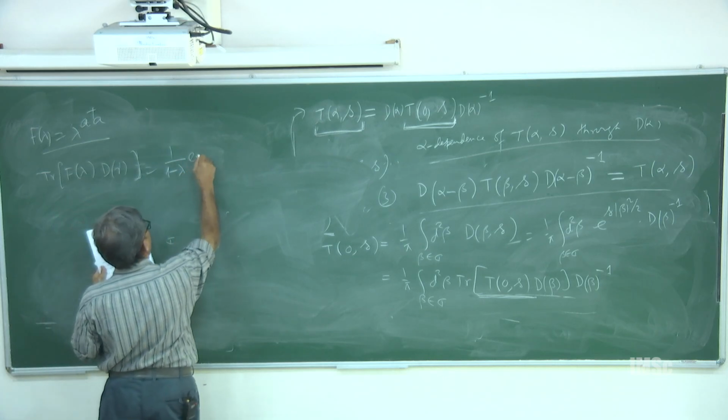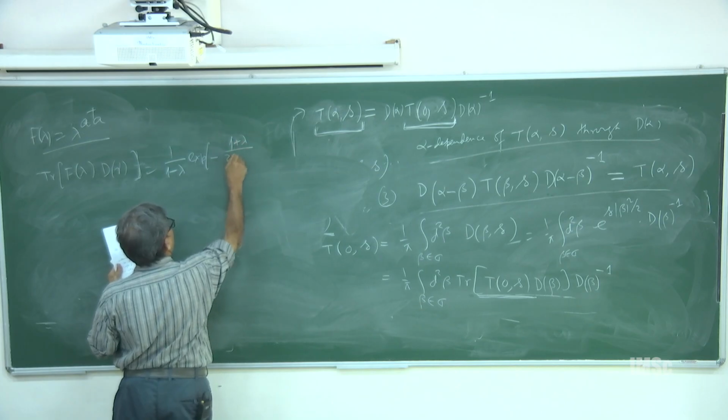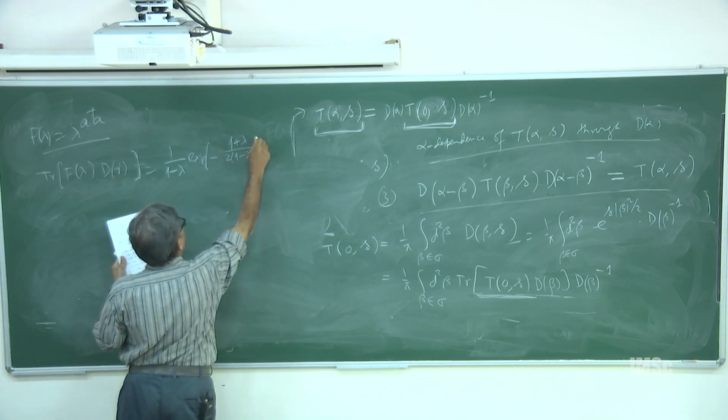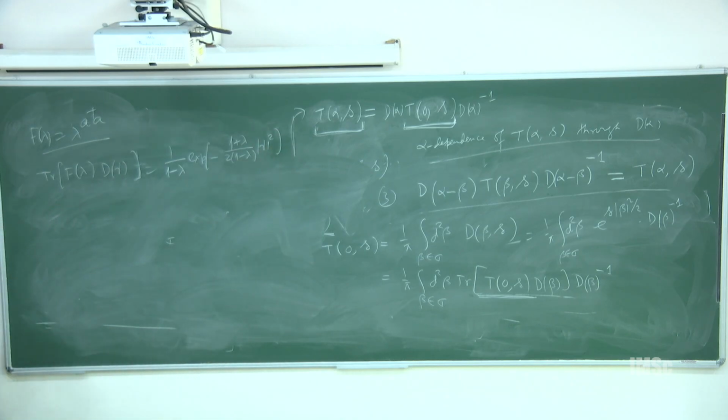This is not difficult: minus 1 plus lambda by 2 into 1 minus lambda mod gamma square. You can figure it out.